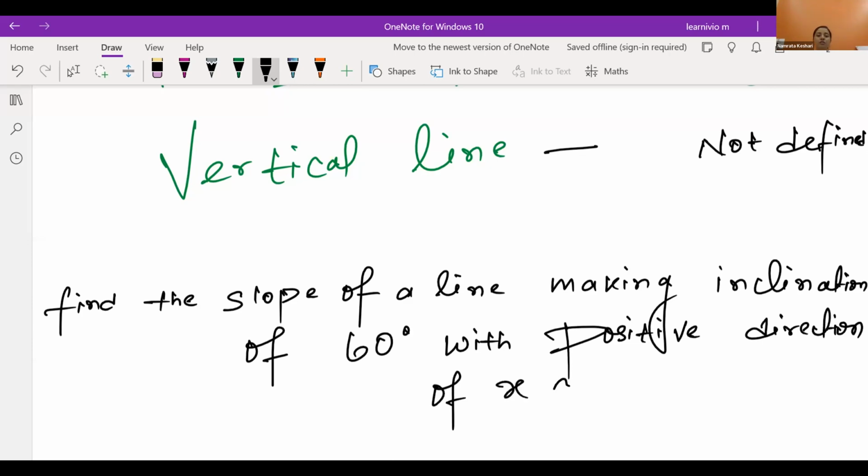Please find the slope. You have two formulas according to what is given. If the coordinates are given, you will use y2 minus y1 by x2 minus x1. If the angle is given, then you know what exactly you are supposed to find. Please find it.